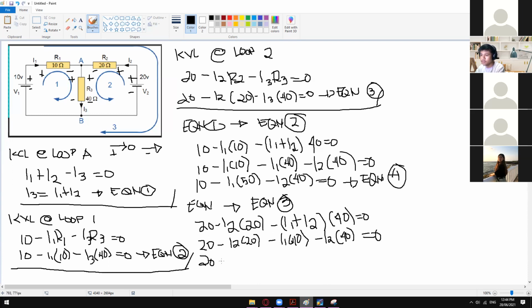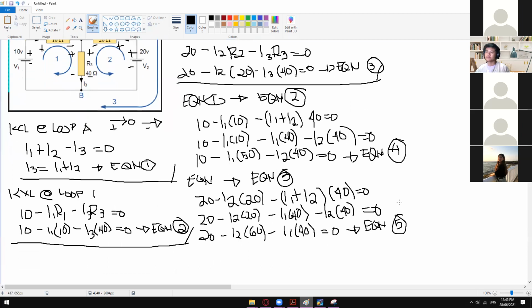We have two I2 terms, 20 plus 40, so I2 times 60, and then minus I1 times 40. I almost thought that was 10. Sorry for my ugly handwriting since I'm only using my mouse. Equal to 0, and this is your equation number 5.